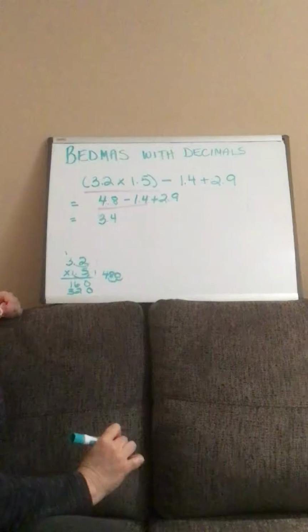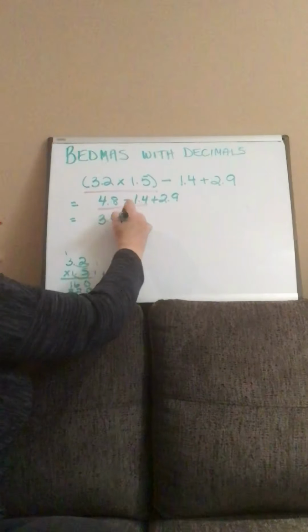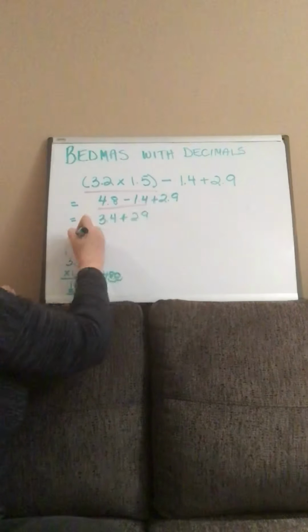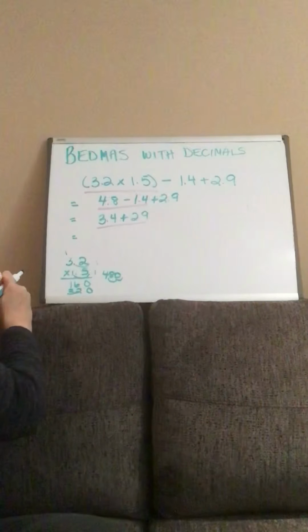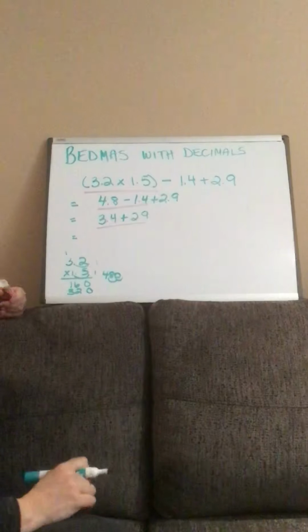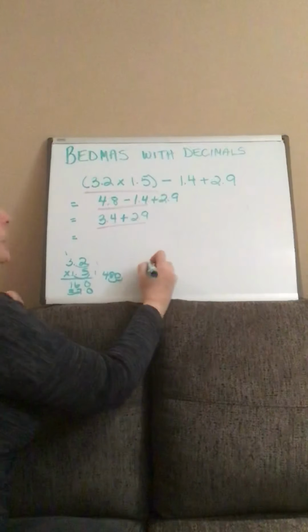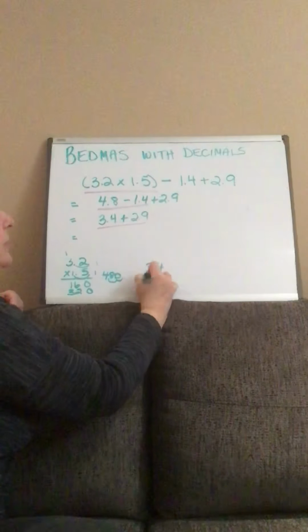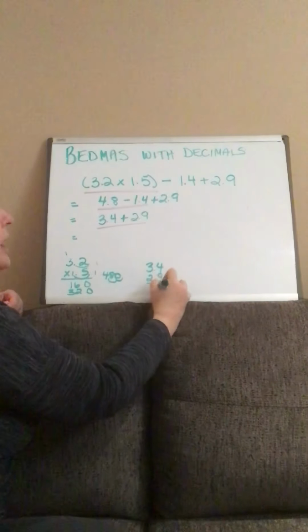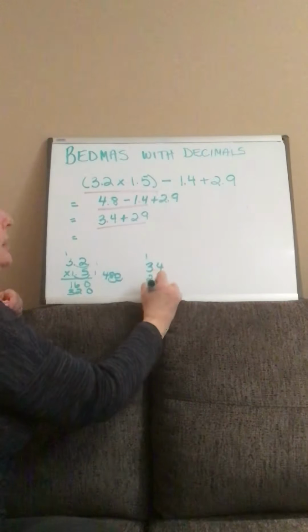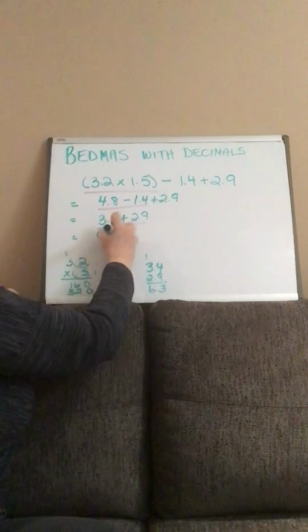We've answered that part of the question. We need to write down the next part. Finally, I have the last section, which is 3.4 plus 2.9. So 3.4, 2.9, 4 and 9 is 13, carry the 1, 6.3.